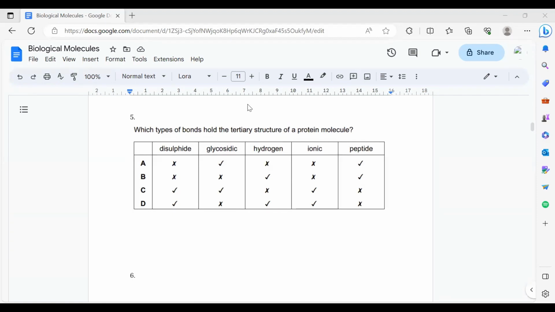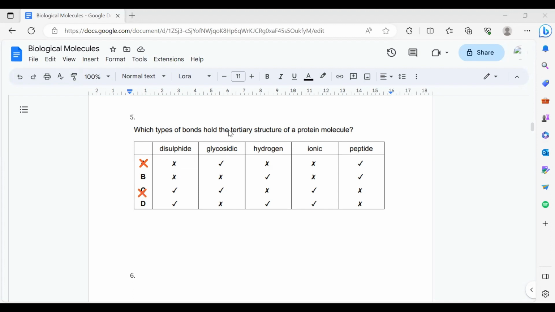It cannot be glycosidic bond because proteins do not contain glycosidic bonds. Glycosidic bonds are only contained in polysaccharides or disaccharides, when two glucose molecules or hexose monosaccharides are joined together. So it's not present in a protein molecule. So you can cancel out A and C.